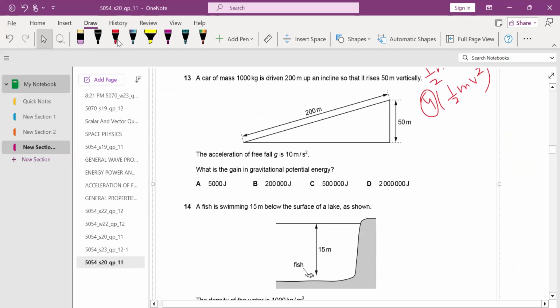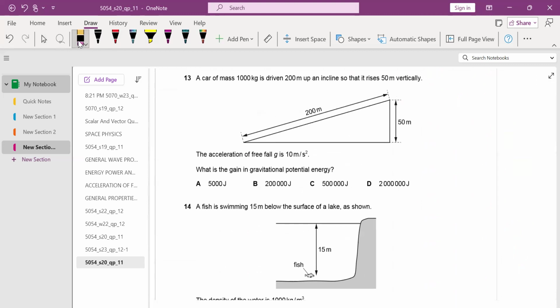Question number 13. Question number 13 says that a car of mass 1000 kg is driven 200 meters up an incline so that it rises 50 meters vertically. So 50 meters height, 200 meters distance, gravitational field or the acceleration of free fall is 10.